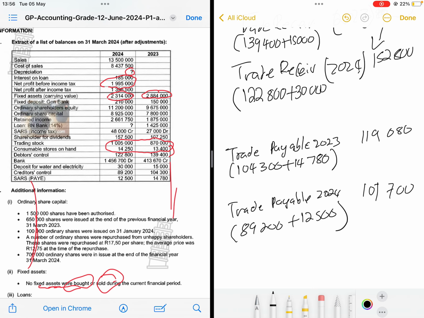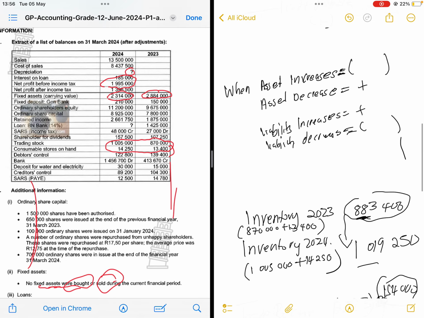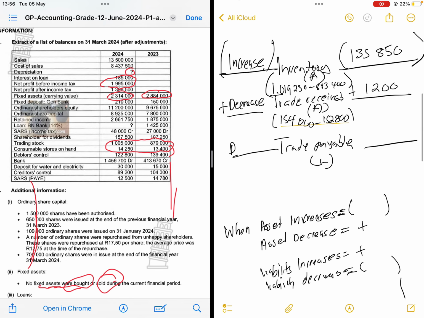Now check, the 2023 was 119. Oh, it went down. Sorry, it went down, decreased, right? So it means when the liability decreases, it is an outflow.